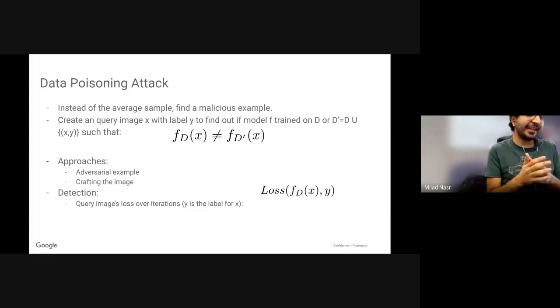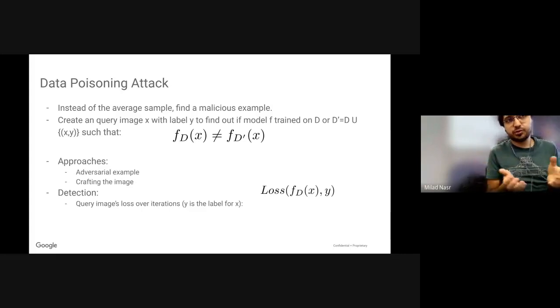So instead of adding an average sample, we try to find the worst sample, a malicious example, such that if a model is trained on that specific example, the output would be very different compared to when it's not trained on it. And we know from current trends of work that adversarial examples are a good way of generating those things.